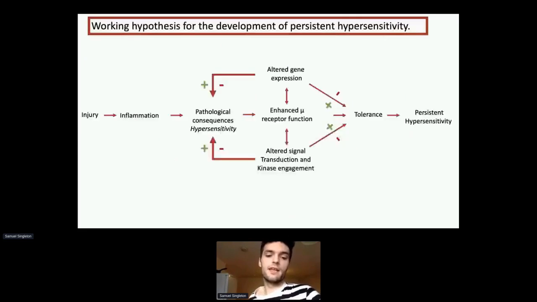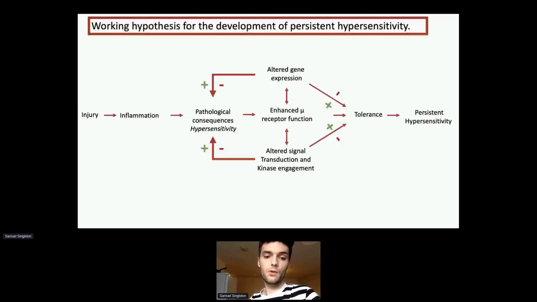And so putting this all together into a working hypothesis, we suggest that an injury leads to the good inflammatory response, although this will have pathological consequences, such as pain hypersensitivity. And this hypersensitivity is resolved through mu receptor function, which may then cause tolerance directly due to the increased activity of mu receptors.